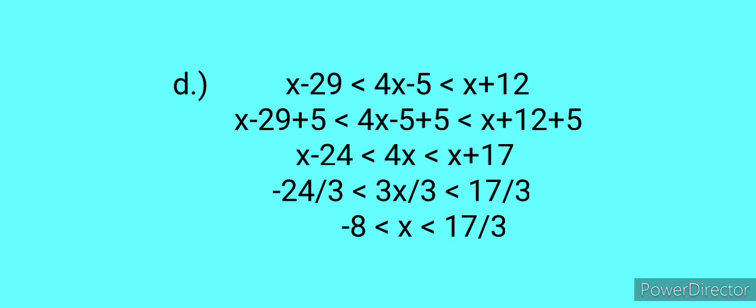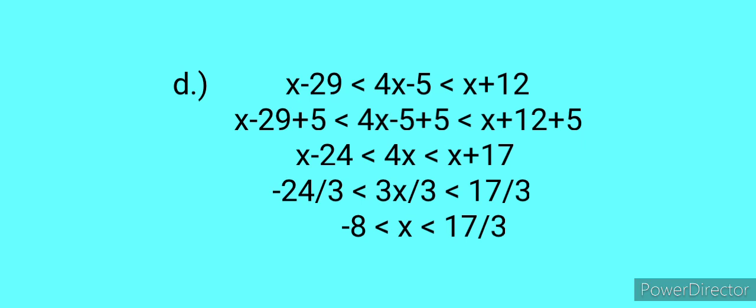And now I want to get rid of those x on the outside, so I'm going to subtract x from each section, and I get -24 less than 3x is less than 17. Do you see how having the same x value on the left and right part of this inequality made it so I could isolate x in the middle?